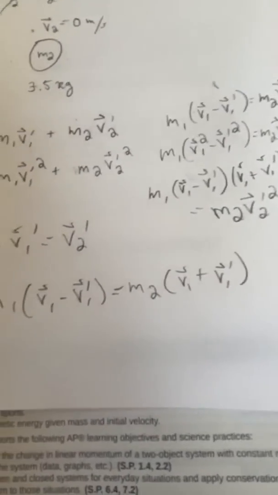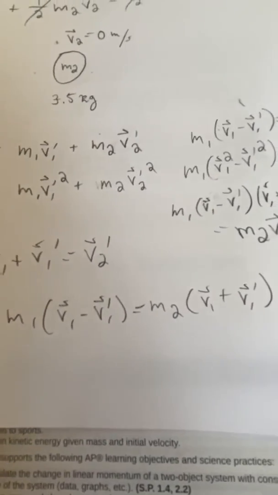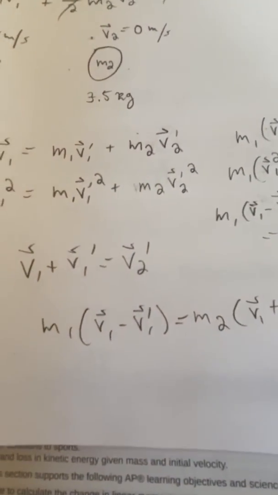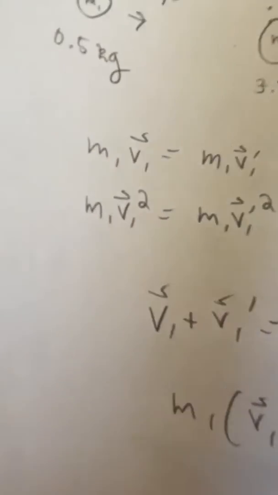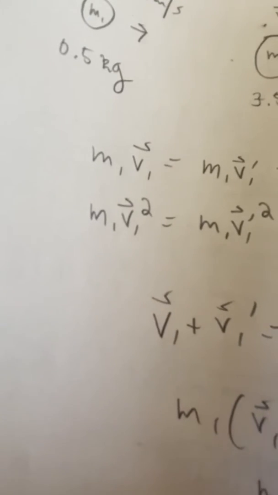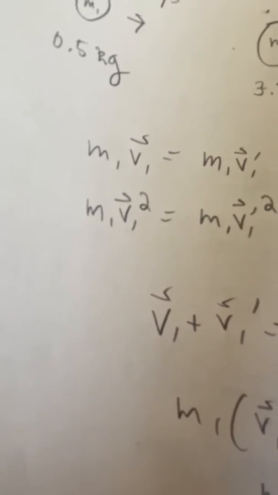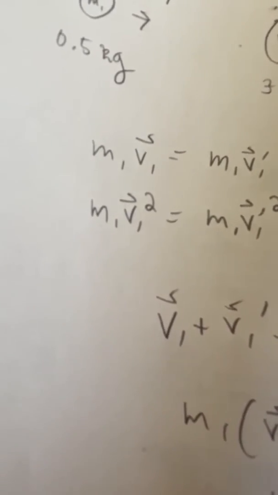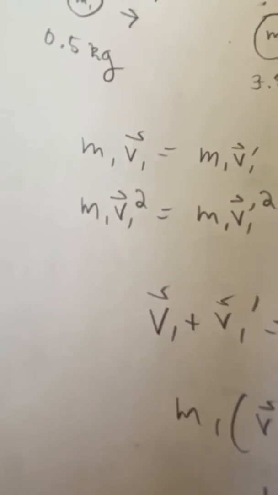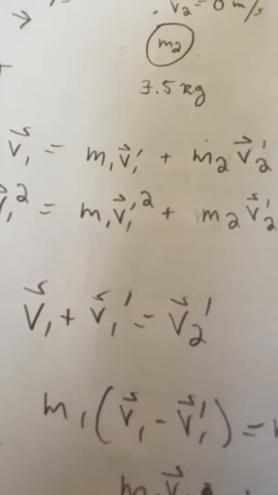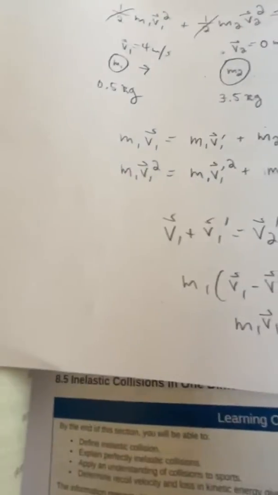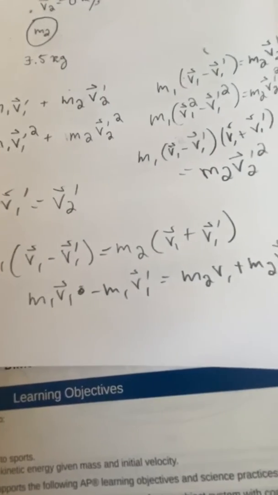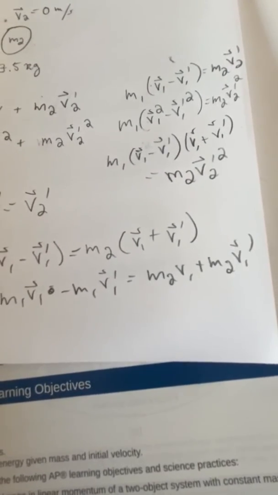Okay, so we can use that to solve for v1 prime. We just have to do a little bit of algebraic manipulation. So if we distribute on both sides, we get m1 v1 minus m1 v1 prime equals m2 v1 plus m2 v1 prime. Then we can regroup and get our v1 primes together.